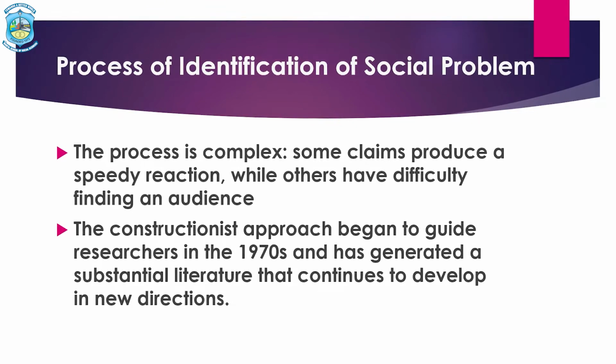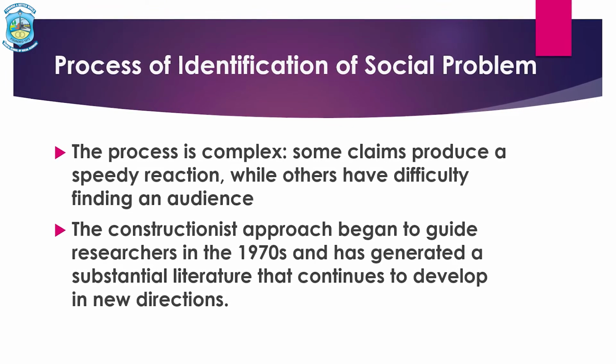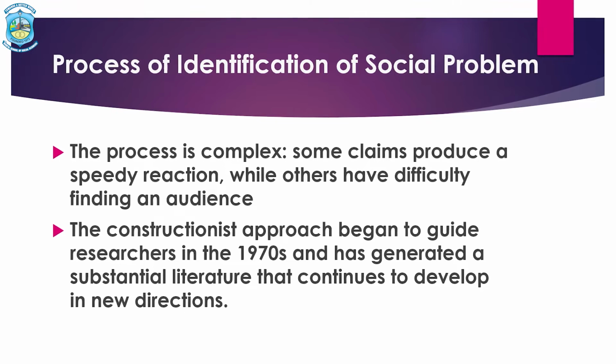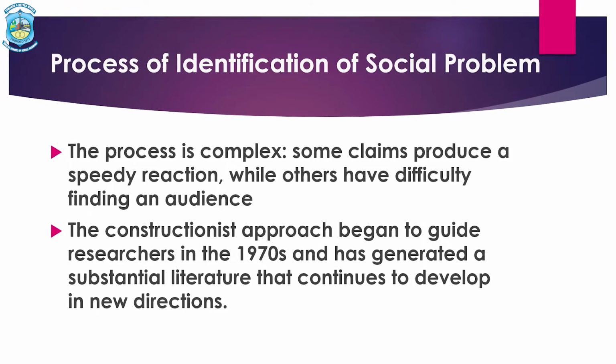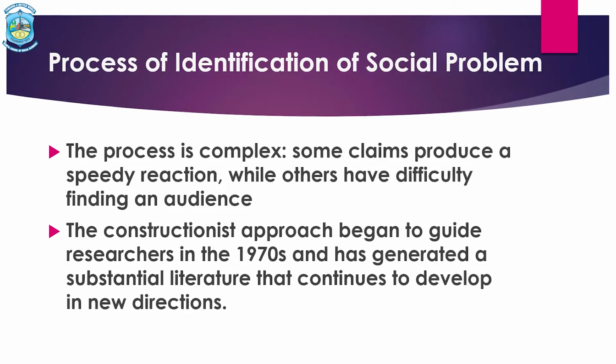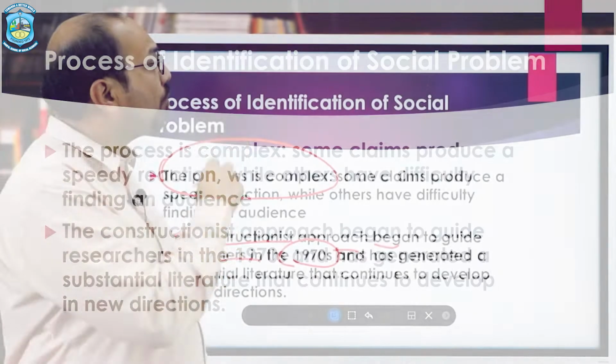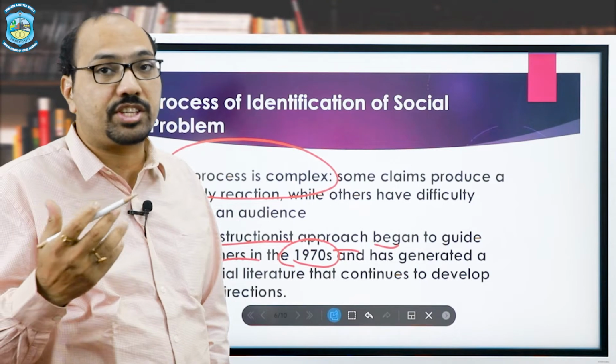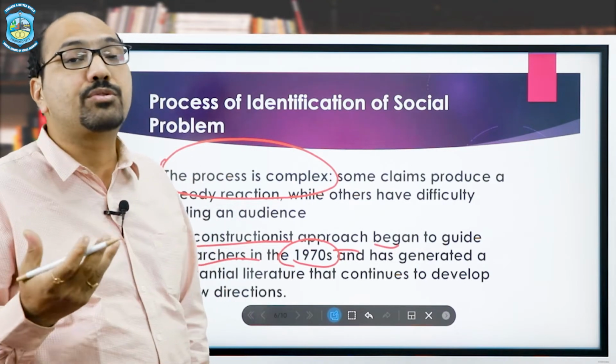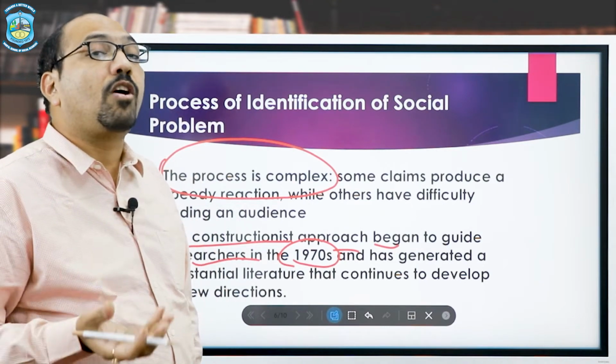And so this process of defining, creating, building a social problem or a social situation is very important to understand. That's how we should be as sociologists. We should think about how social problems evolve.